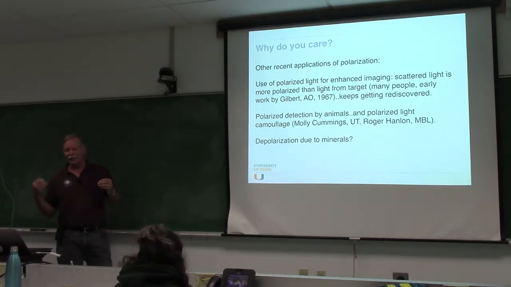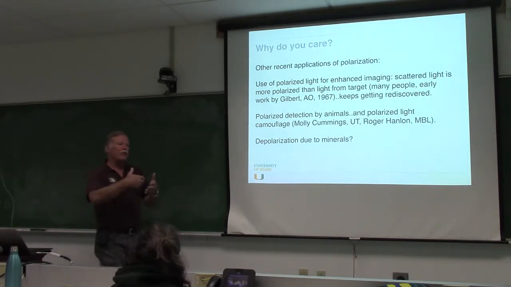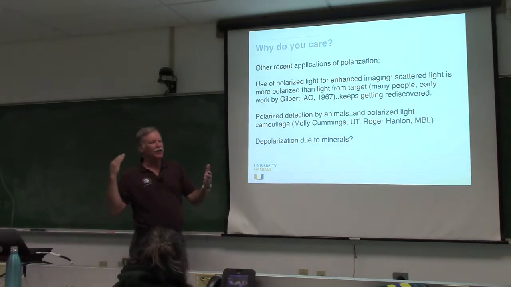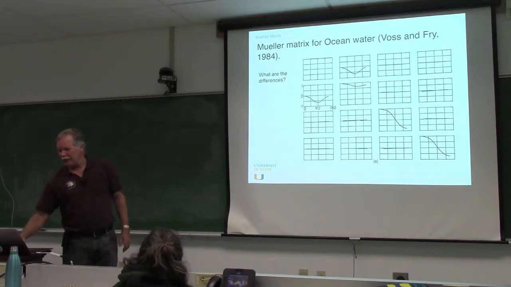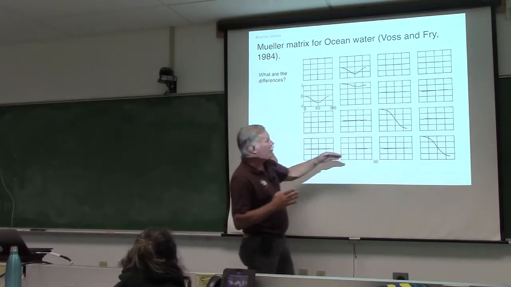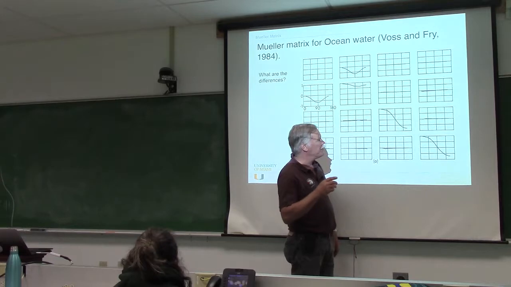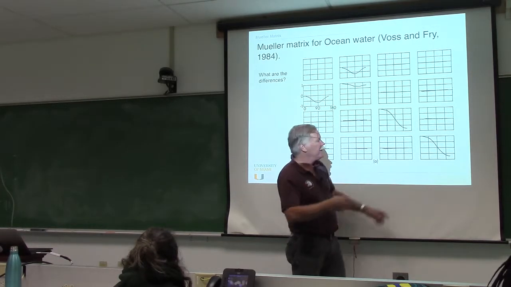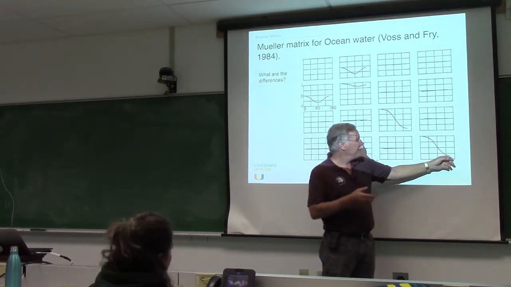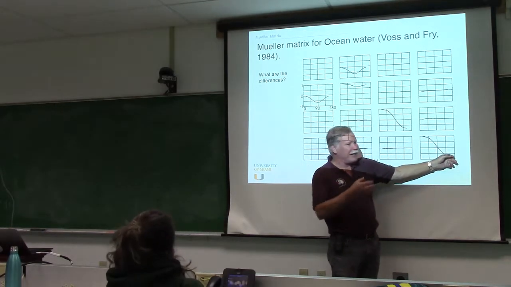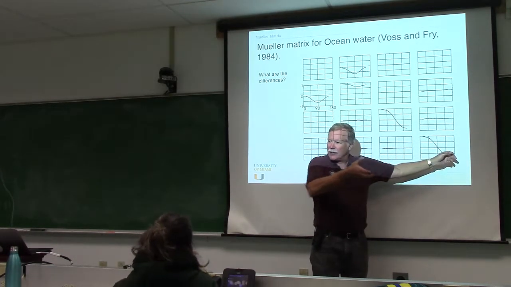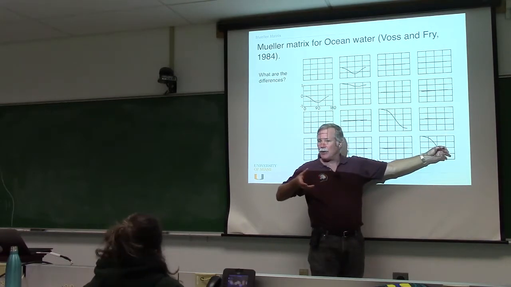If you start with polarized light, and you remember the Rayleigh scattering element, say I start with circularly polarized light in one direction. When light is scattered back to me from particles in the water, if I start with right, it'll come back at me mostly left circularly polarized.